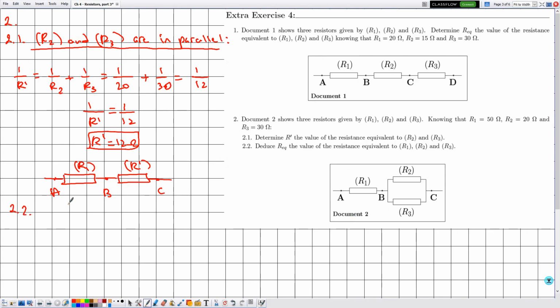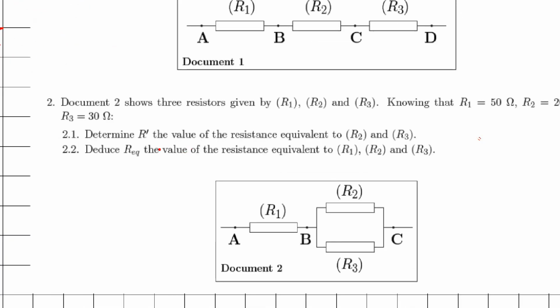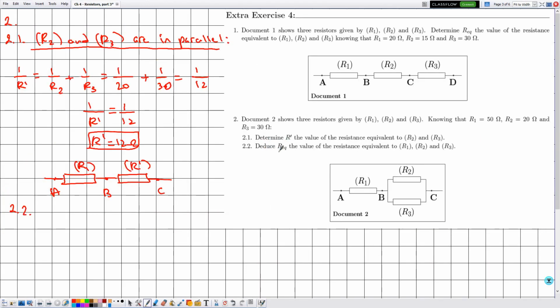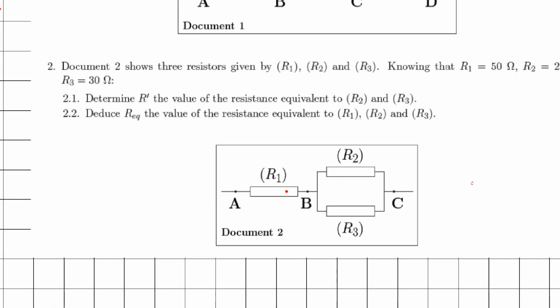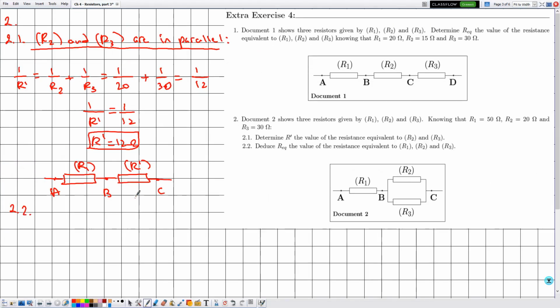Now in 2.2 they are telling me deduce R equivalent, and by deduce it means that we need to use the previous part, which is R prime. So this is a side remark. R equivalent, the value of the resistance equivalent to R1, R2 and R3. So we need to determine the equivalent resistor that replaces R1, R2 and R3. Already we have determined the equivalent resistor corresponding to R2 and R3, which is denoted by R prime.